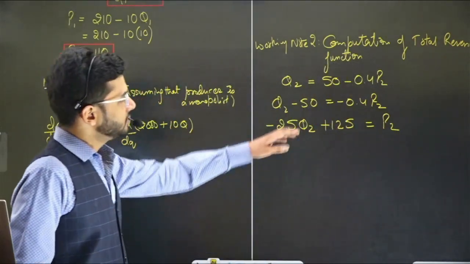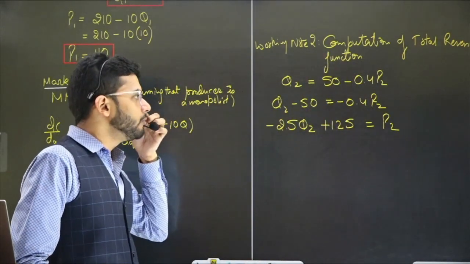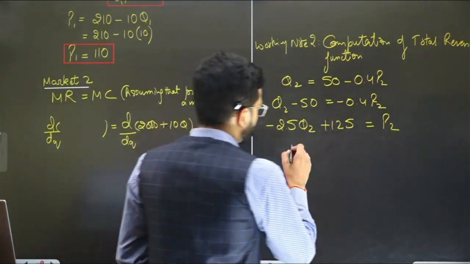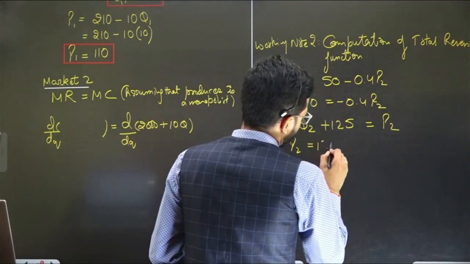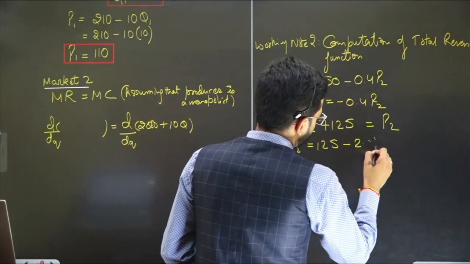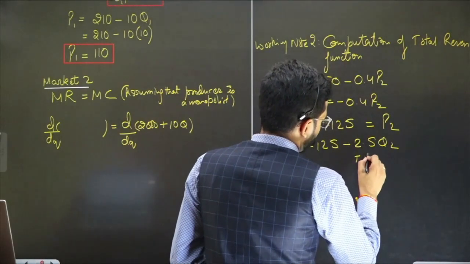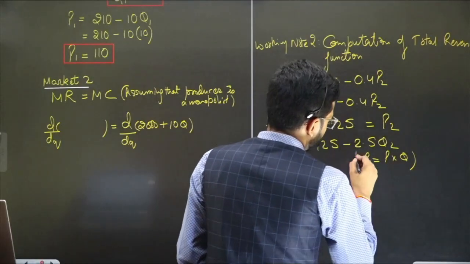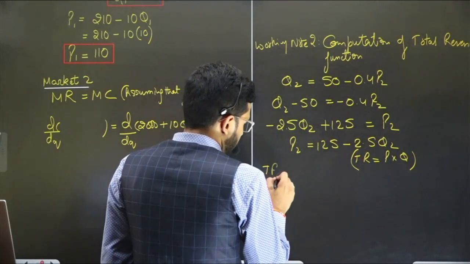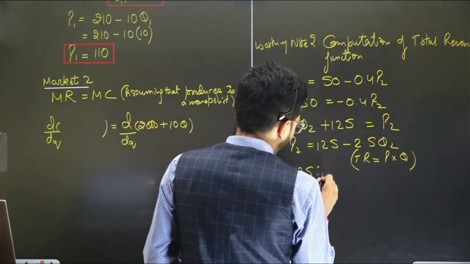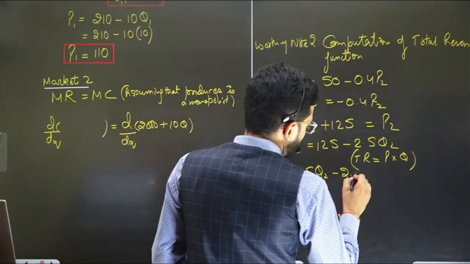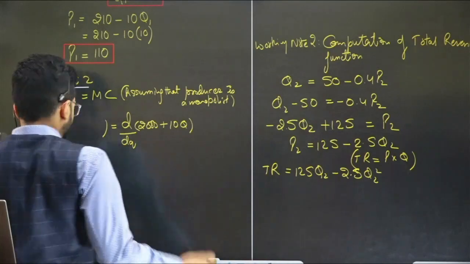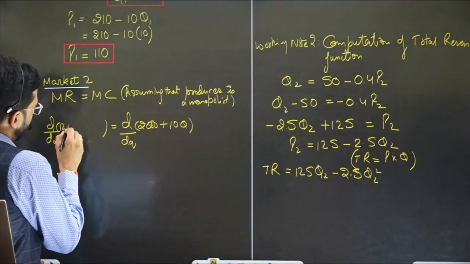I have divided this side by minus 0.4 and this side by minus 0.4. So P2 is equal to 125 minus 2.5 Q2. Now I'll multiply it with Q. The TR is equal to P multiplied by Q, so TR is equal to 125 Q2 minus 2.5 Q2 square.